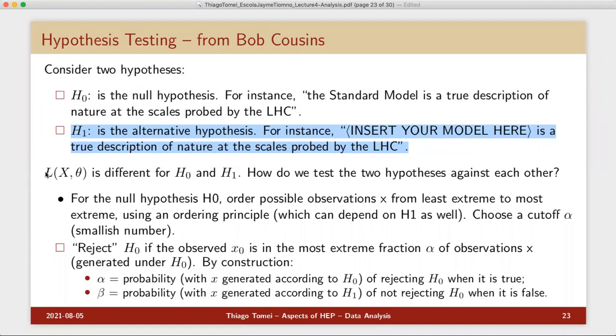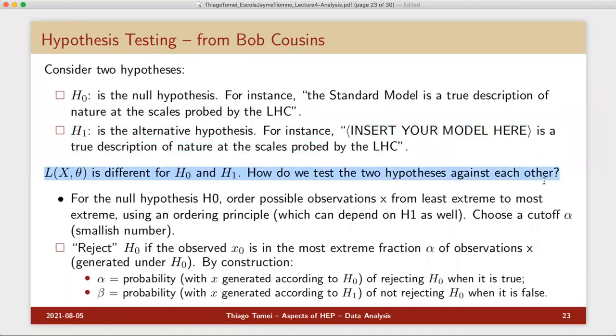And then the parameters are different, and the likelihoods are different for H0 and H1. And then you have to test the two hypotheses against each other. What do you do?